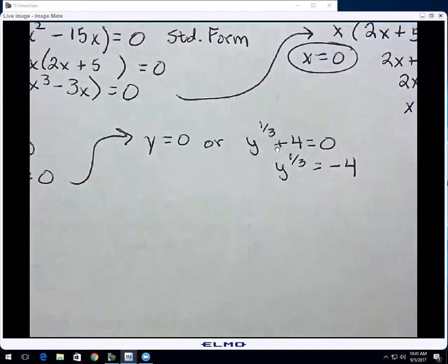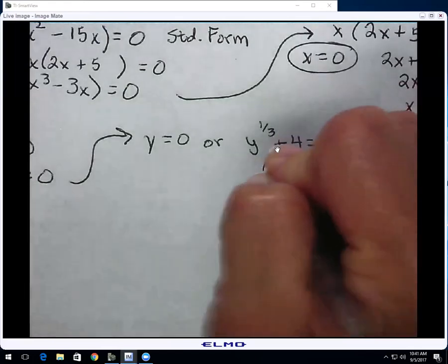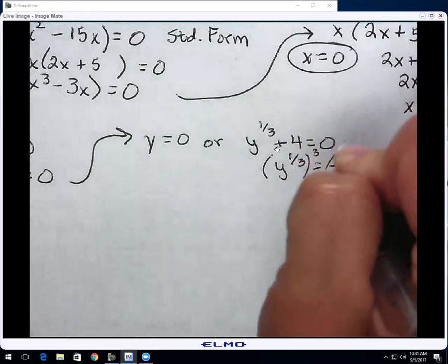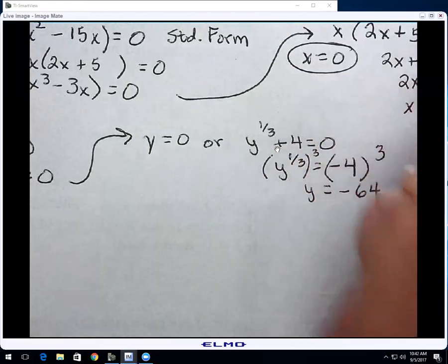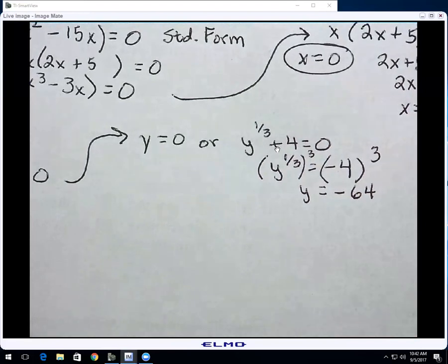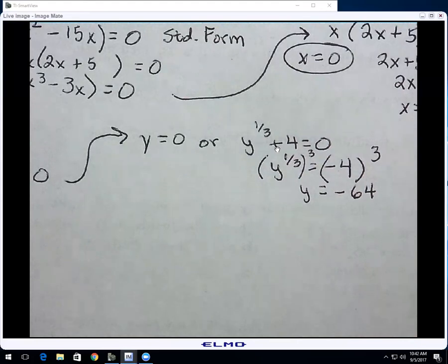And then what does something to the 1/3 mean? Cube root, 1/3 exponent means cube root. How do you uncube root something? Cube both sides. y is -64.